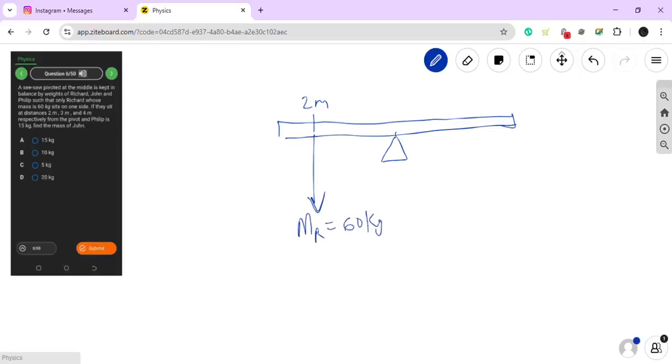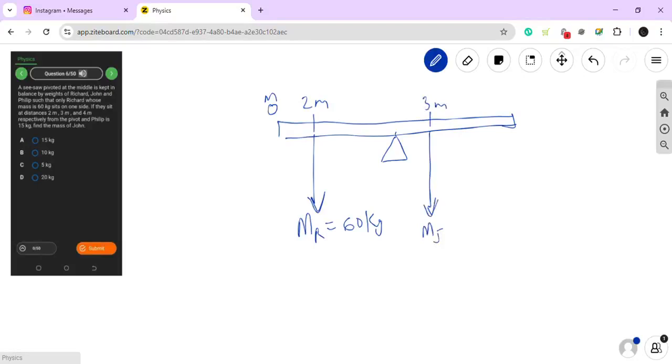Now the other persons are sitting at 3 meter and 4 meter. Let's say we are moving from 0 meter, from this end is 0 meter. So John is sitting on 3 meter. Let's say we have the 3 meter here. John is sitting here, so let me call this one mass of John.